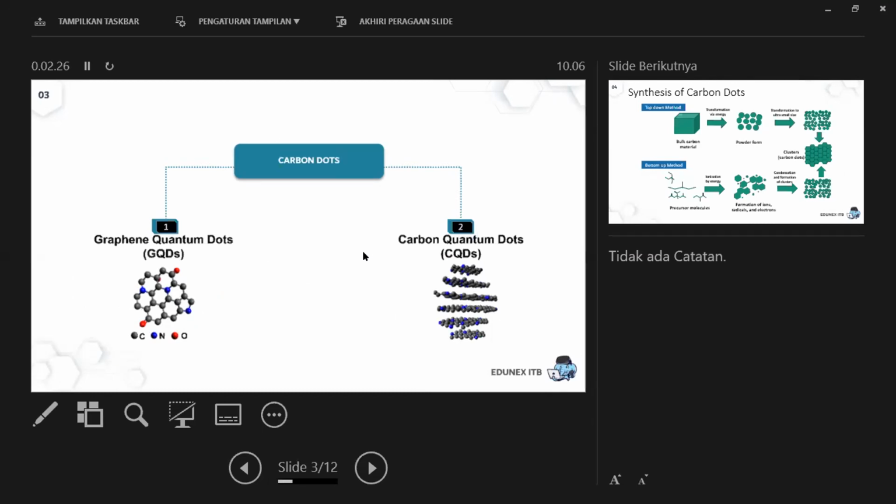In contrast, carbon quantum dots are always spherical. All carbon dots have chemical groups on the surface, such as oxygen or amino groups, and also polymer chains. And these functional groups play a pivotal role in the photoluminescence behavior.